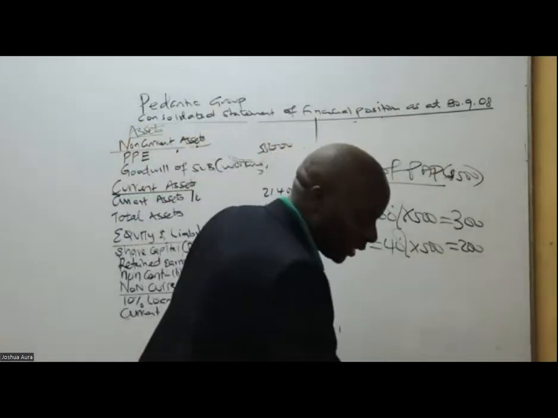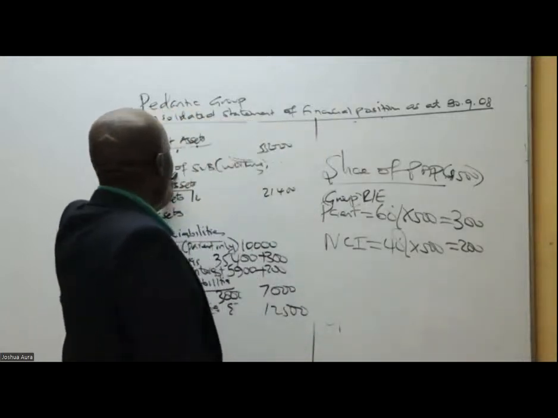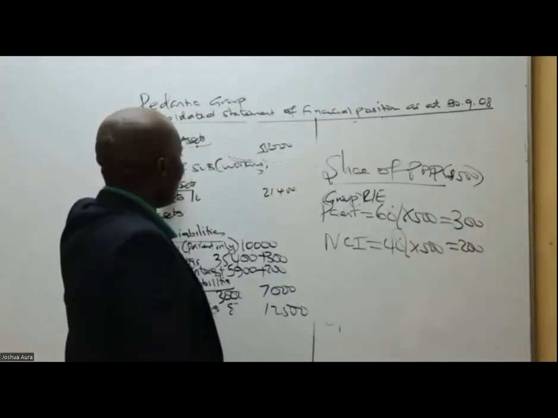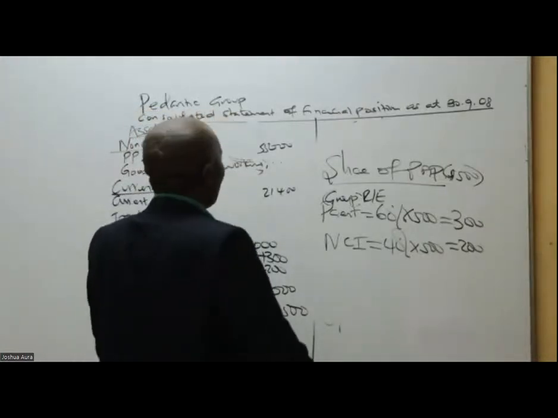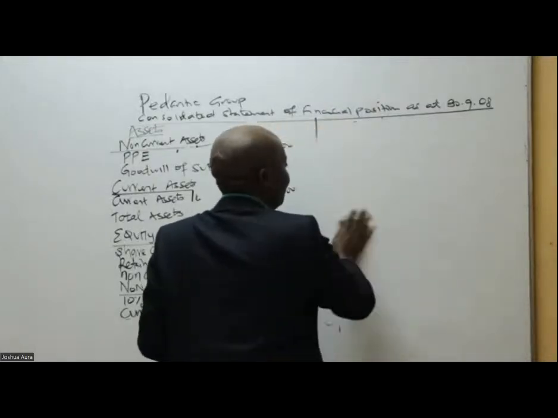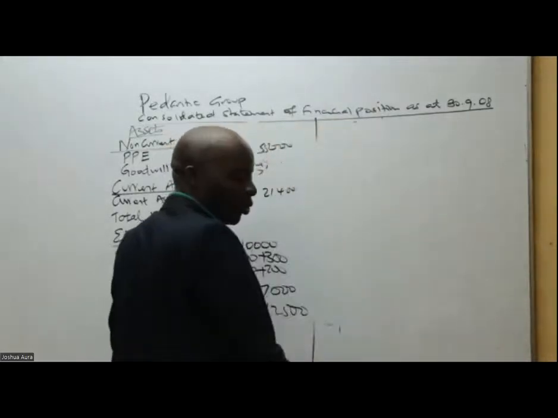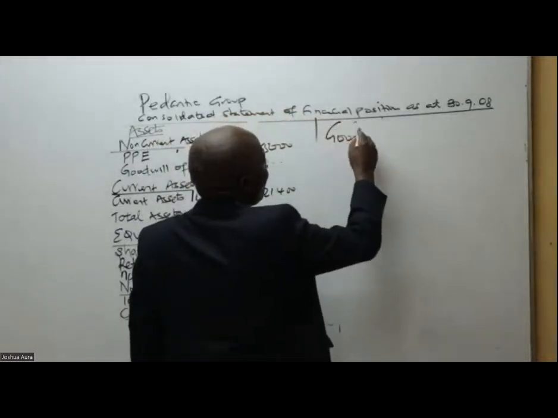So after that, the last working that I need, ladies and gentlemen, is the working of goodwill. Come and do the working of goodwill. So how do we get goodwill? It is very easy to calculate.